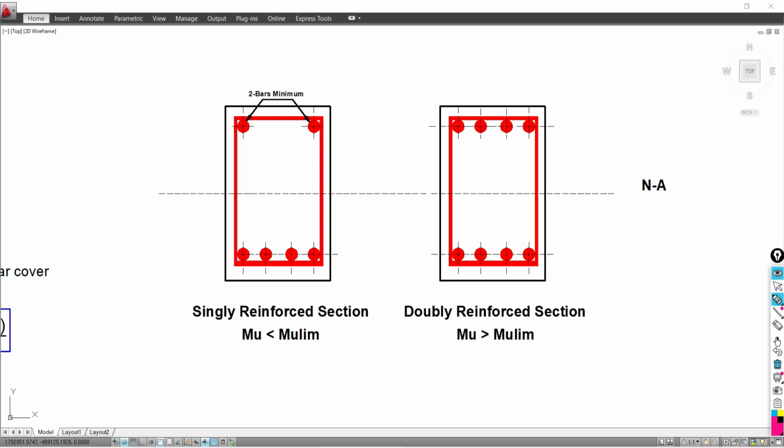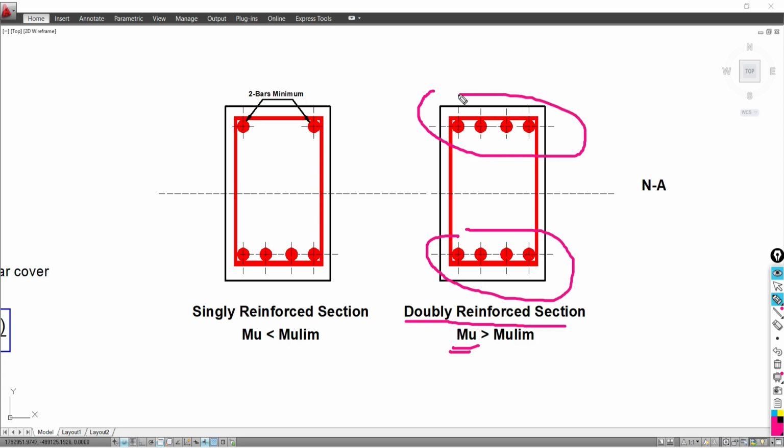In another situation, when your ultimate moment is beyond the limiting capacity, beyond the moment resisting capacity, we have to provide the doubly reinforced section. So there will be main reinforcement at the bottom face as well as main reinforcement at the top face. This is called a doubly reinforced section. This is called a singly reinforced section.